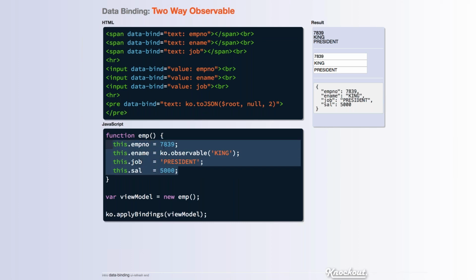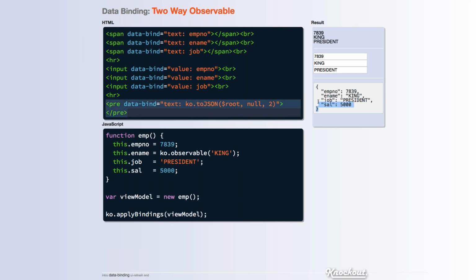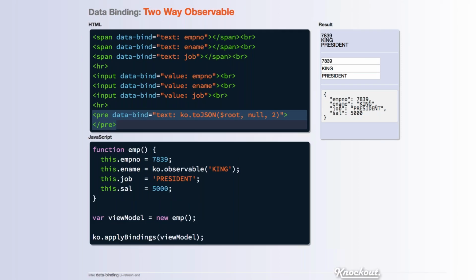So here's the same example. We create the new view model, but I've added this new pre tag that renders nicely this code here on the side. And what this is giving us is a JSON representation of the data model of how it works. I'm introducing a new thing here, and I'm going to talk about it in a second.